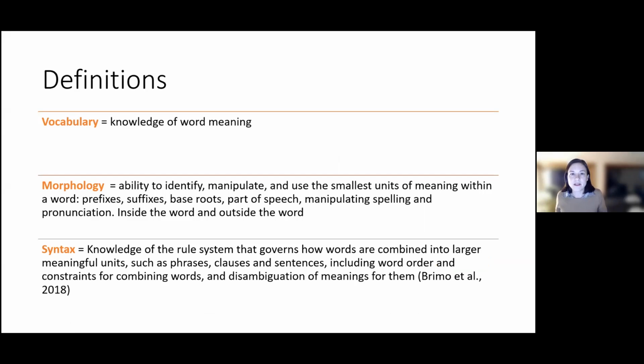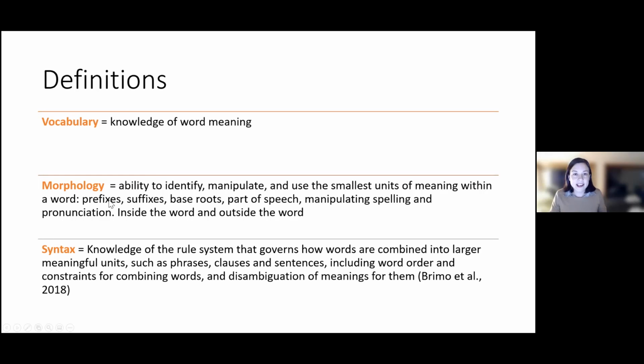This deals with both the ordering of words and what constraints our language has for how we combine those words into sentences. And syntax is also very helpful for vocabulary. It's reciprocal with vocabulary because the context of the sentence helps us to disambiguate a word that has multiple meanings depending on its context.